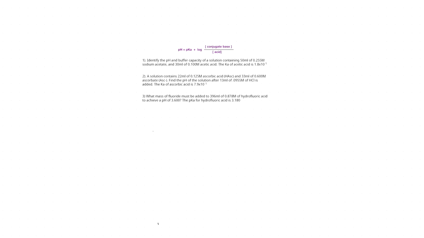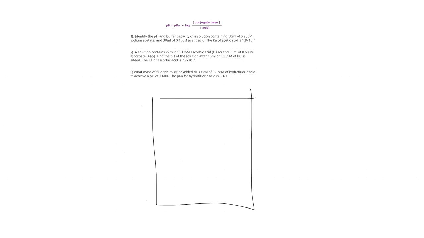So there's a really interesting thing going on. Already in our system, we have conjugate base, in this case ascorbate, and the acid, in this case ascorbic acid, which is found in vitamin C.